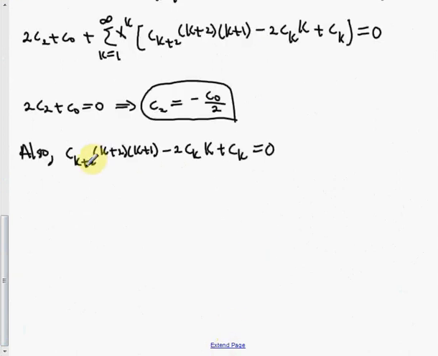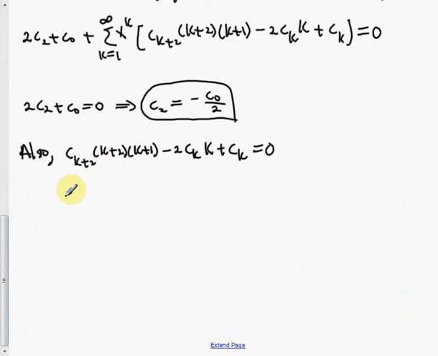I'm going to solve for that c sub k plus 2, the biggest coefficient that I have. I wouldn't isolate c sub k, because c sub k plus 2 would depend on c sub k. So I'm going to write a recursive function. The recursion is on the c sub k plus 2 that depends on the c sub k.